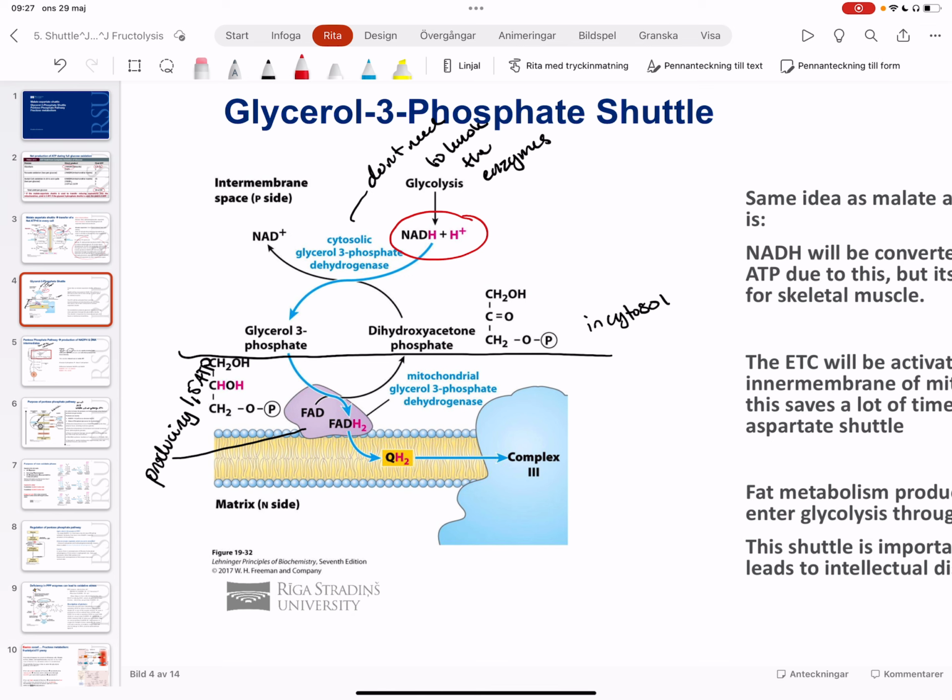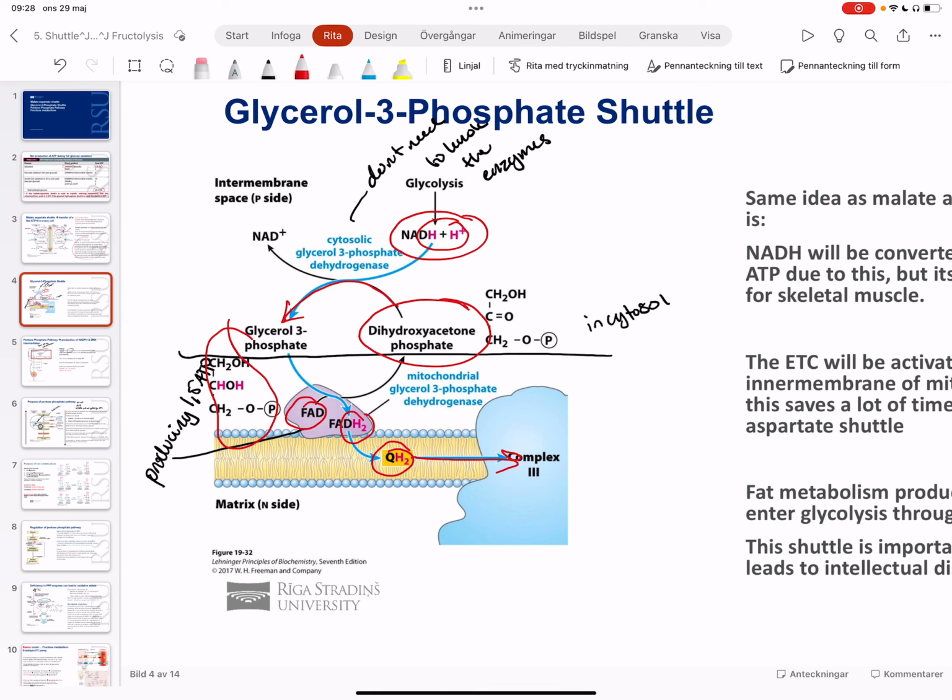And then what happens is that the dihydroxyacetone phosphate molecule will accept these hydrogens, and then we will get glycerol 3-phosphate, which is this molecule right here. And then glycerol 3-phosphate will donate its hydrogens to an FAD, and the FADH2 will donate its hydrogens to the ubiquinone, so it will become ubiquinol, and then it will enter complex 3 of the ETC.